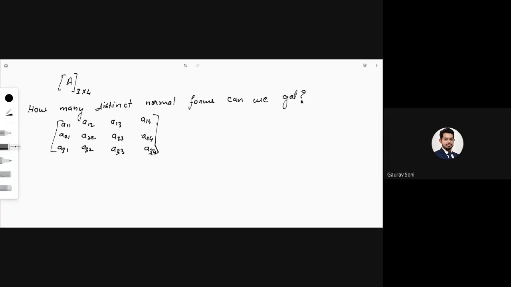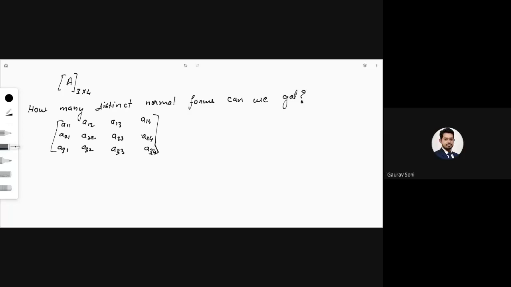So I will change this a bit now. If I make different identity matrices, how many different orders of identity matrix can you make in this? Sir, is it 20?